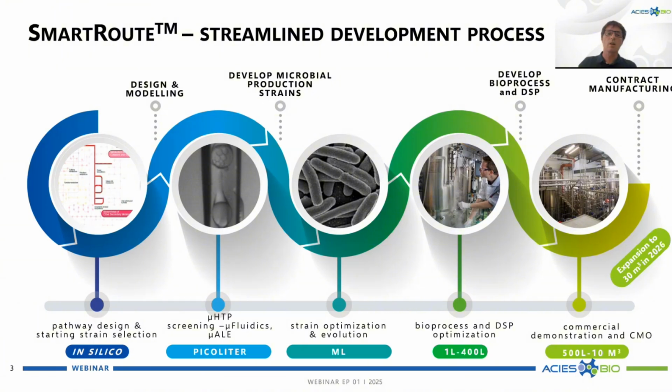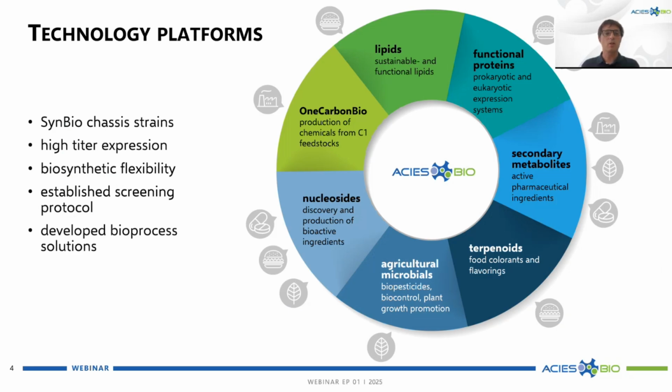But for today's talk, we will be mainly discussing these first parts of strain development and especially optimization and evolution. One of the key parts of our technology offers are also our technology platforms.